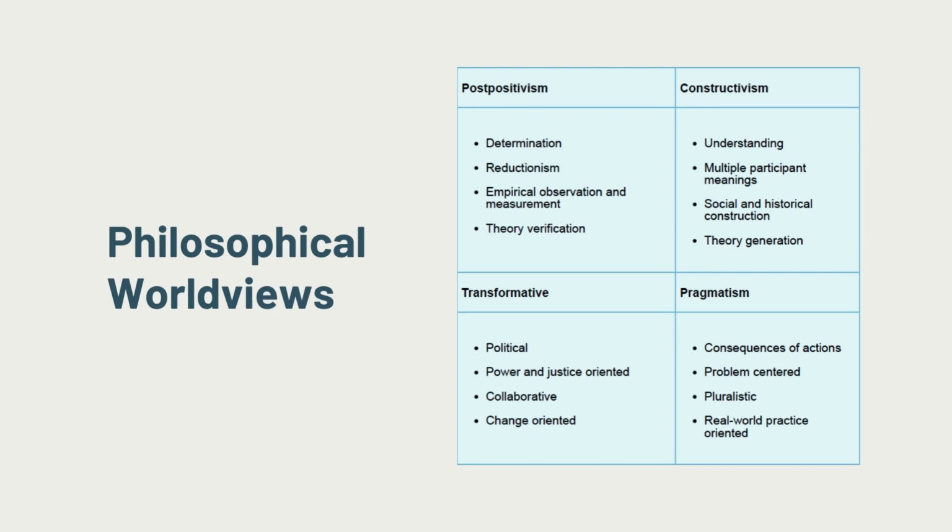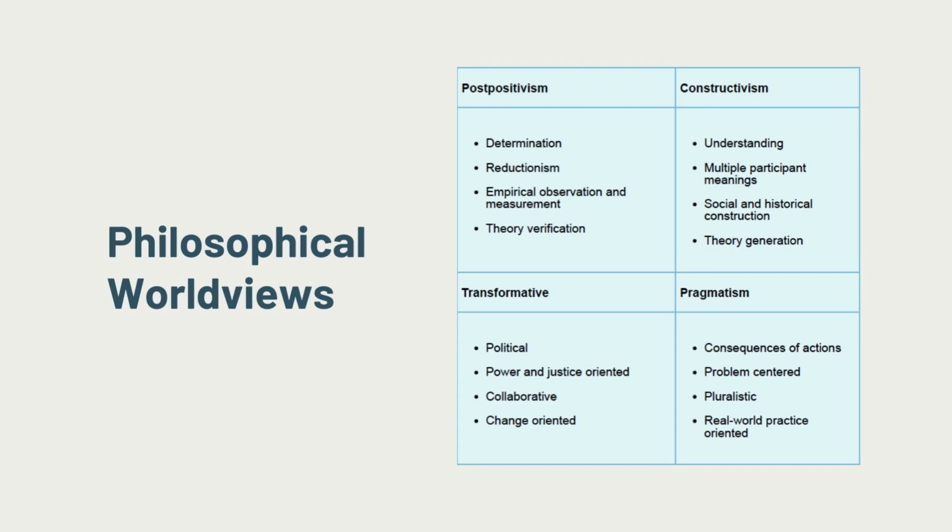Post-positivism is also characterized by reductionism, which involves breaking down complex phenomena into smaller, more manageable components. This helps in creating hypotheses that can be tested empirically through observation and measurement. In other words, post-positivists rely heavily on data that can be observed and measured objectively, such as numerical data from surveys or experiments.